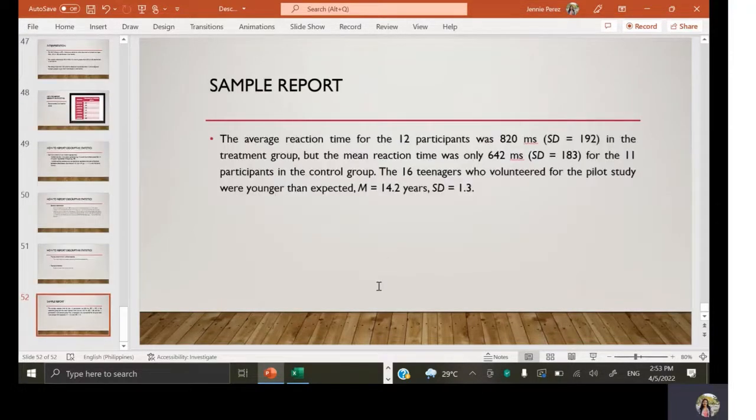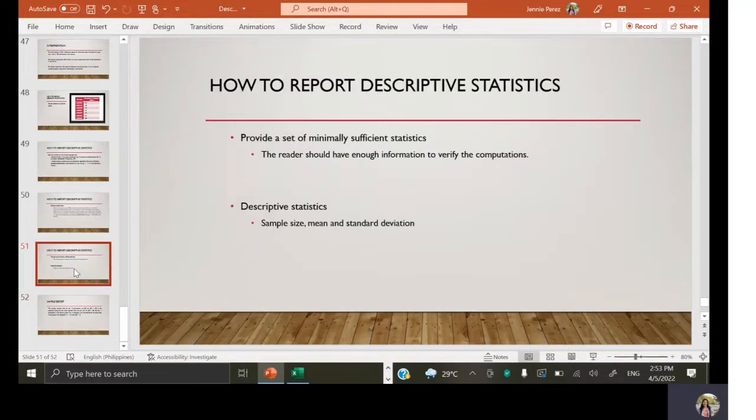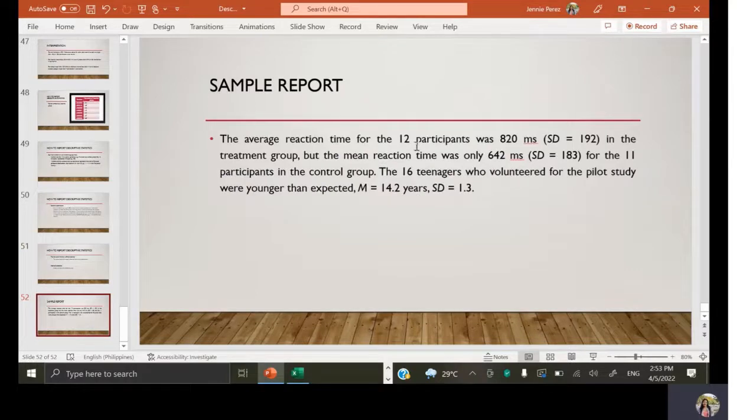I will be sending out, I think I have sent out this PowerPoint presentation. The average reaction time for the 12 participants, you always report the number of samples, and then the mean. Okay, this is now the mean, 820 milliseconds, in close parentheses, SD, which is italicized, equal to 192 in the treatment group.